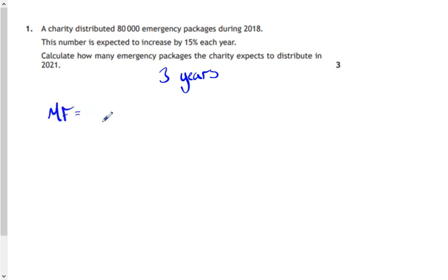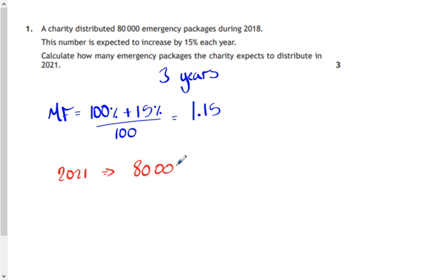So the multiplying factor, since it's an increase, that's 100% plus our 15%, and divide that by 100 to get our multiplying factor of 1.15. So in order to use this, our 2021 number of packages is going to be our 80,000 multiplied by the multiplying factor to the power of the number of cycles, in this case 3.